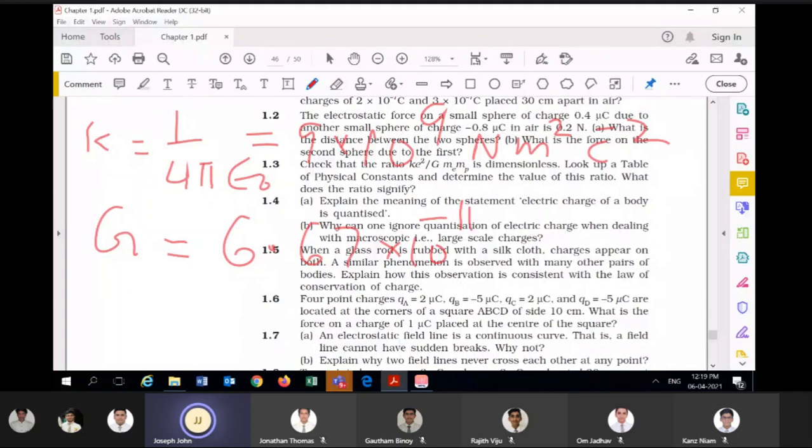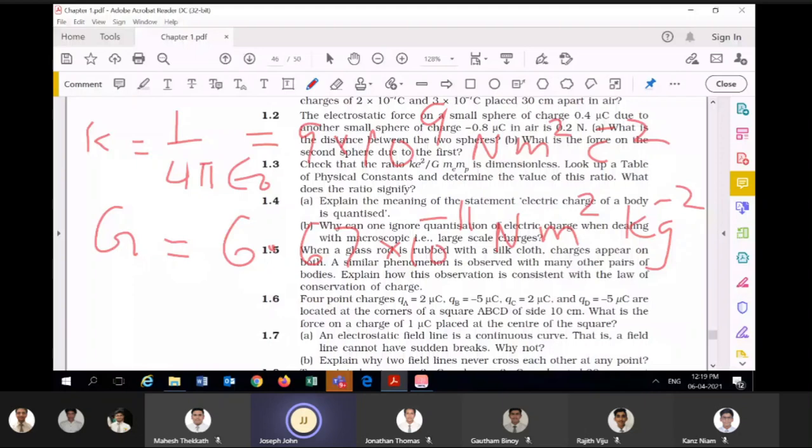Unit here, right? Nm squared kg minus 2, please. Nm squared kg minus 2. Finish.